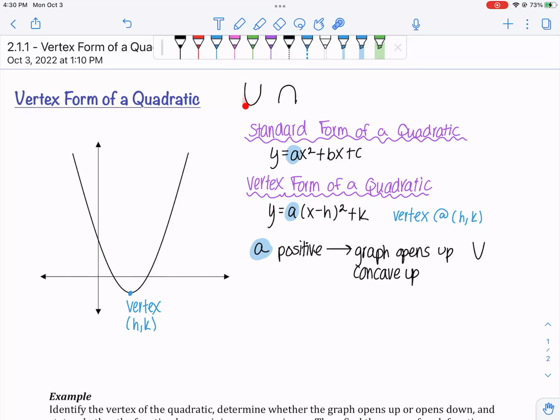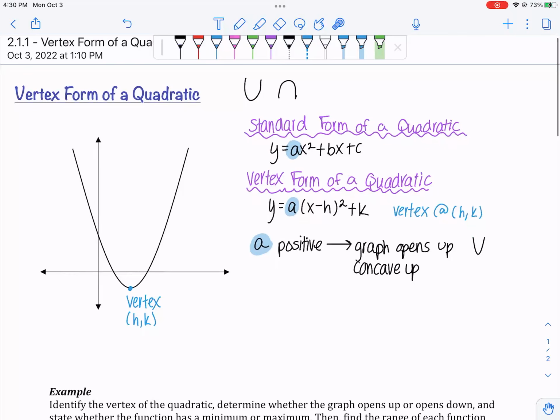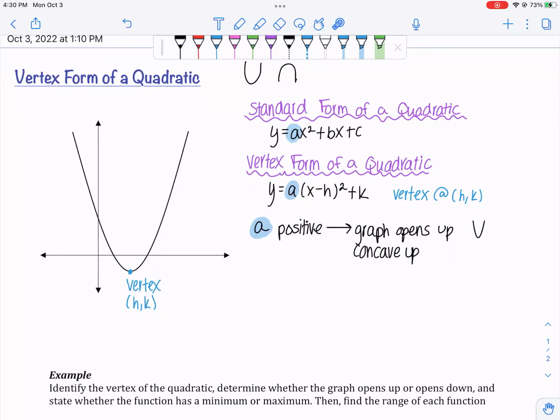It's like a cup opening up, a cup opening down. Because it's opening upward, it has a minimum value. So the vertex is the minimum of the function.